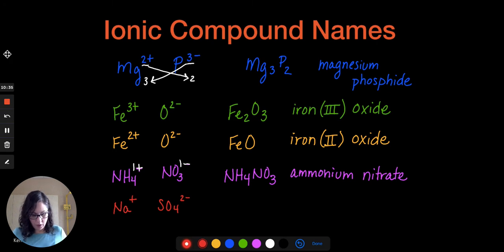Okay, so when we do this, the 2 is what the charge is on this one. So when we crisscross, it's Na2SO4, and this is sodium sulfate.